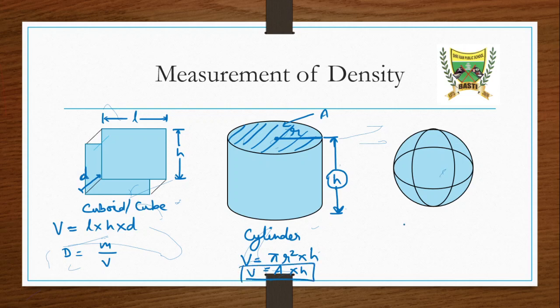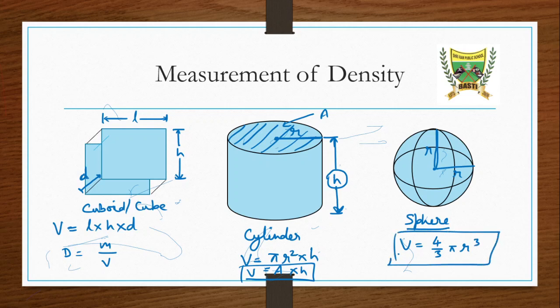Here this is a sphere, a spherical object. Again, for a sphere also we have to calculate the radius first. And if we know the radius, then we will calculate the volume by the formula 4 by 3 pi r cube.